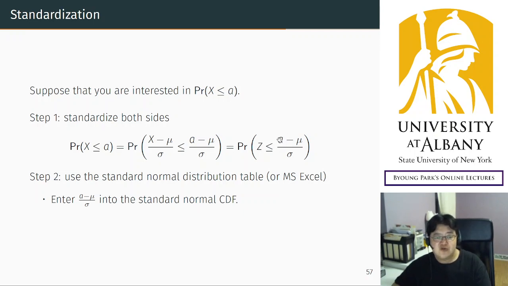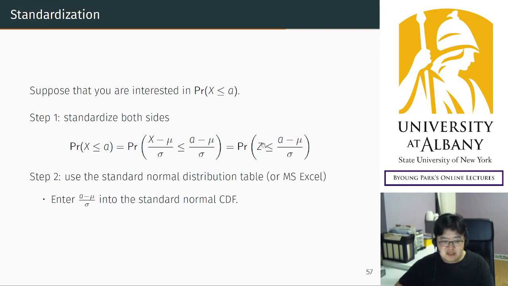And after you calculate the right hand side, you then need to use a standard normal distribution table or Excel. We did some exercise on how to calculate cumulative probability of a standard normal distribution on Excel.